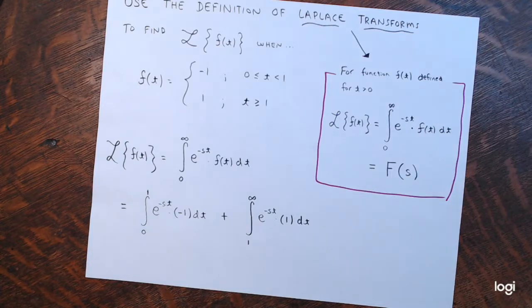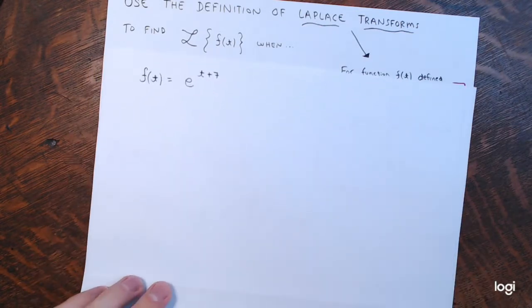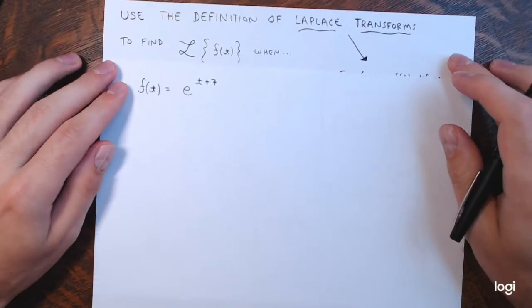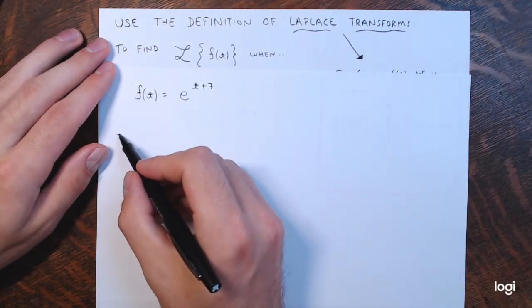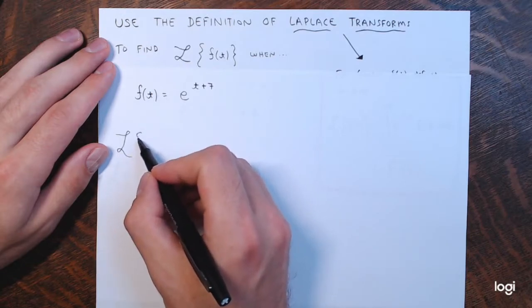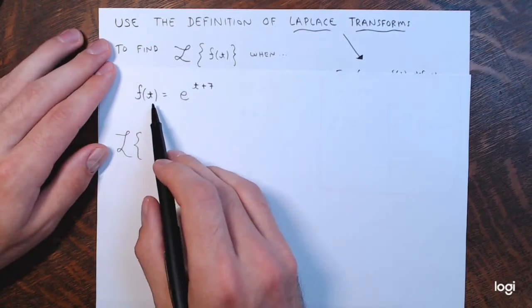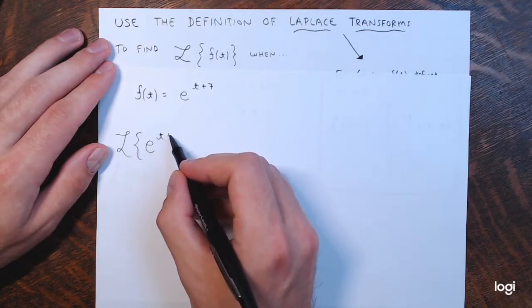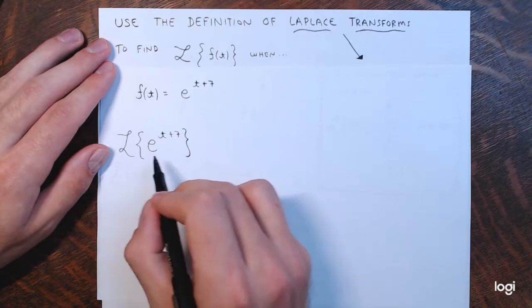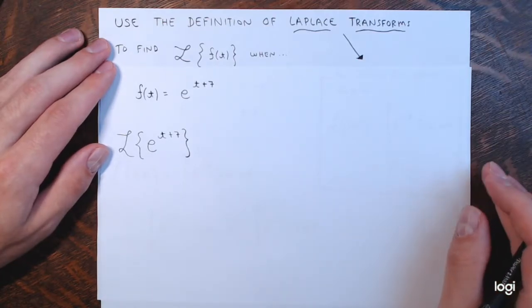So here's another one. We're asked to use the definition of Laplace transforms to find the Laplace transform of f of t, where here f of t is e to the t plus 7. Right, so what's the Laplace transform of e to the t plus 7?